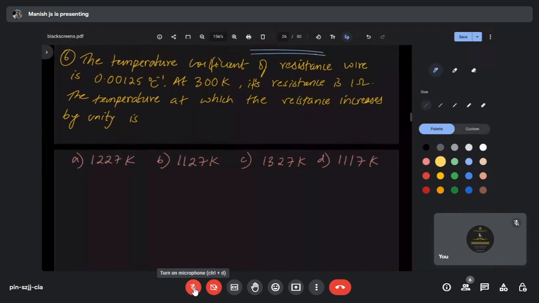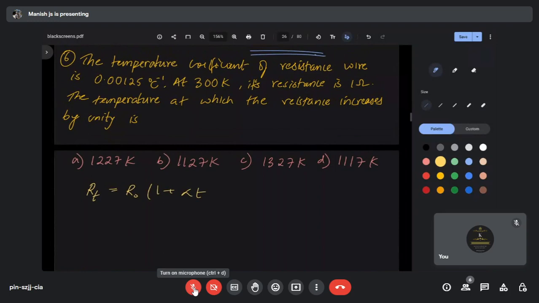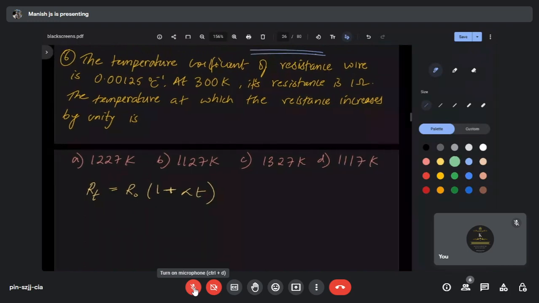The temperature coefficient of resistance concept is being used. The formula for temperature coefficient of resistance: R of T is equal to R naught into 1 plus alpha T, where alpha is the temperature coefficient of resistance.